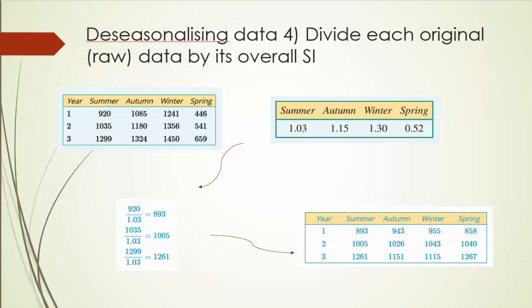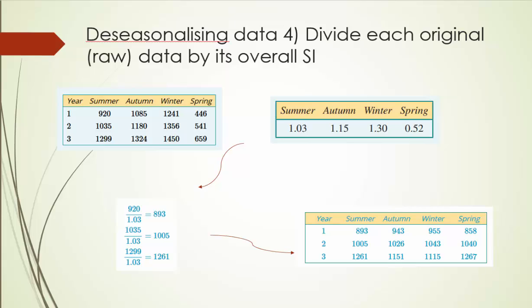Last step, we go back to the original data, which is the table on the top left there, and divide each original item by its overall seasonal index and produce a new table with 3 rows and 4 columns. So in year 1, as we're calling it now, summer figure was originally 920.